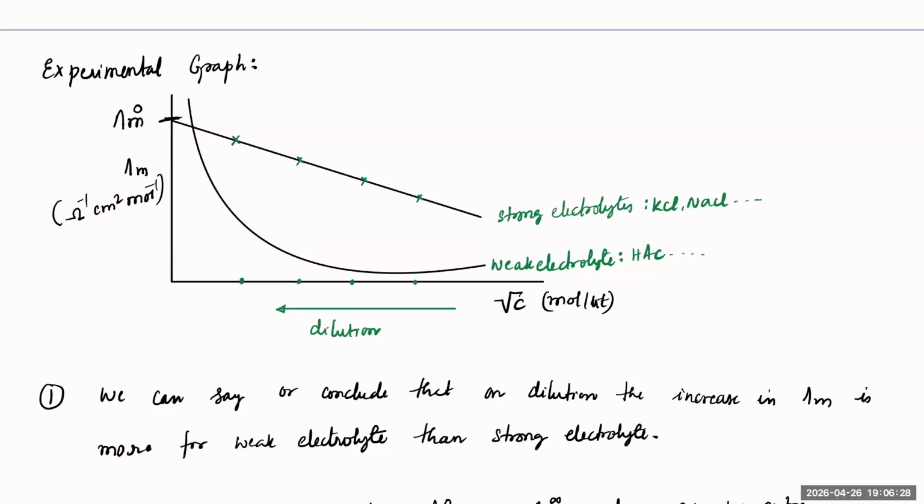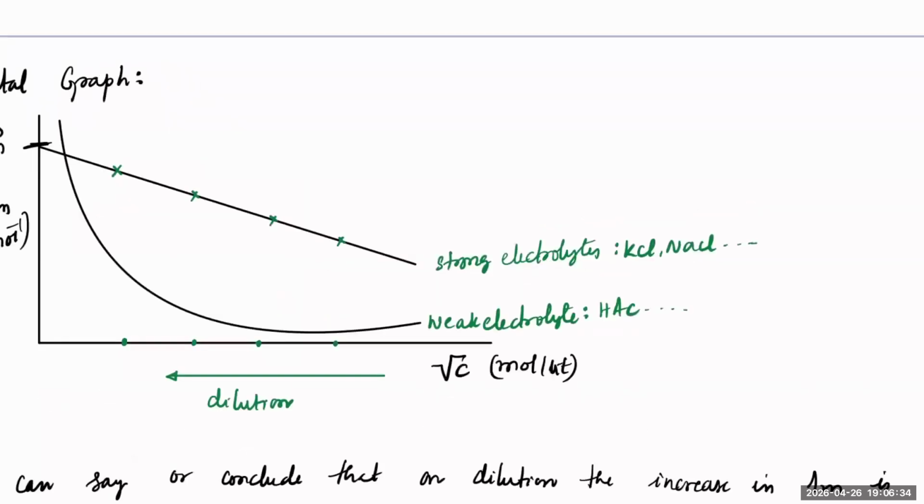The other day we learned that lambda m is equal to kappa into 1000 by C, in Siemens centimeter square mole inverse. This is the formula we learned. As the concentration decreases, K value decreases, but lambda m value increases. It is because the concentration decrement is way higher compared to the decrement of specific conductance. Hence, lambda m always increases. This is what we learned.